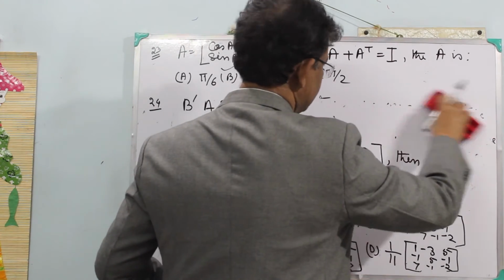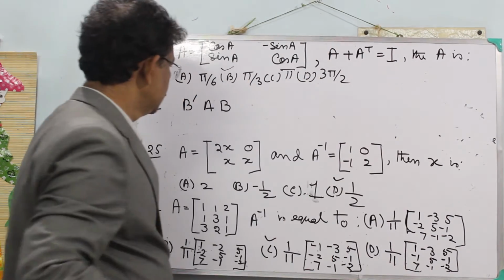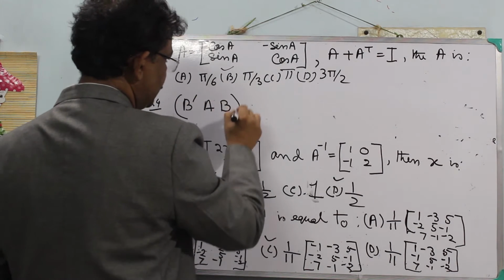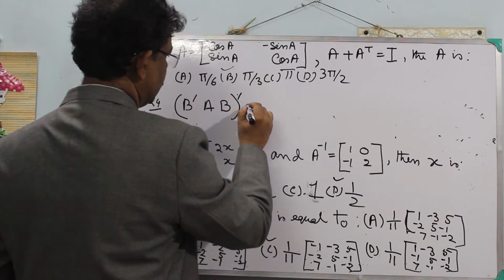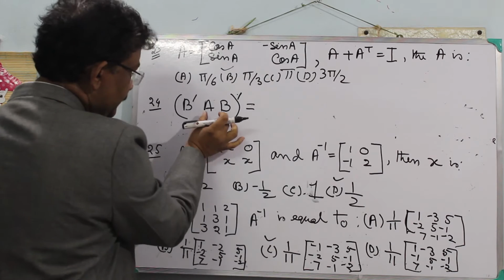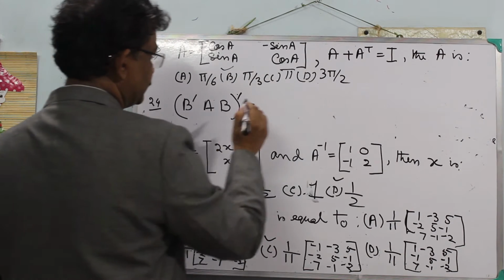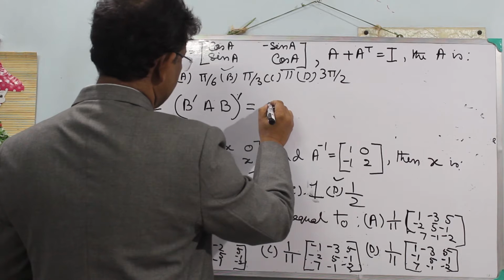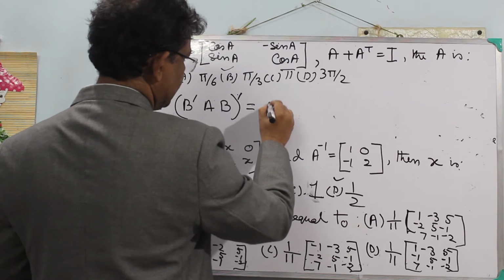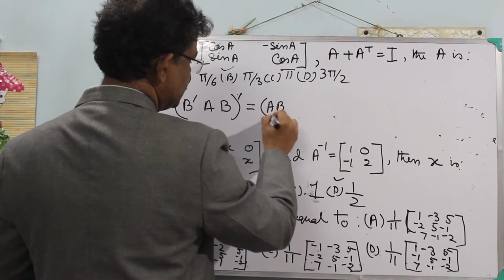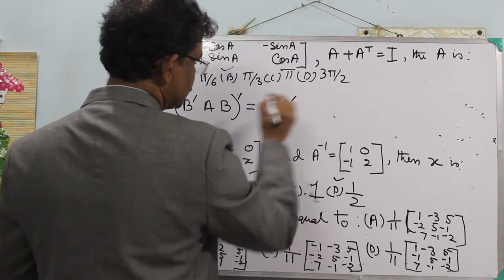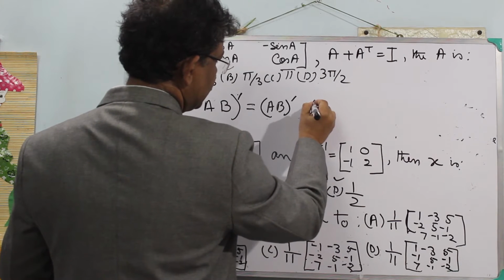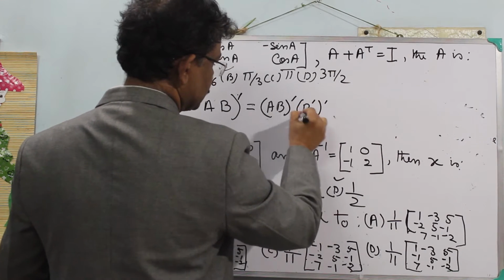I erase this portion. So (B transpose AB) transpose equals, I can say these two are paired, so I can take (AB) transpose and B transpose of transpose.